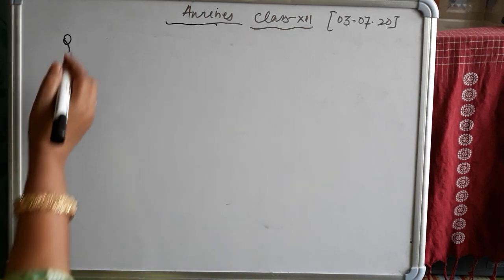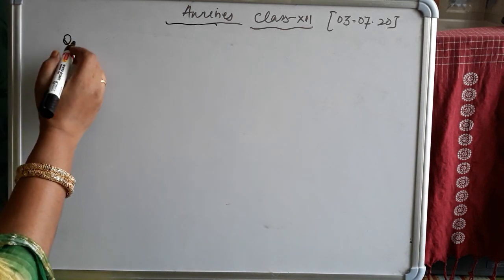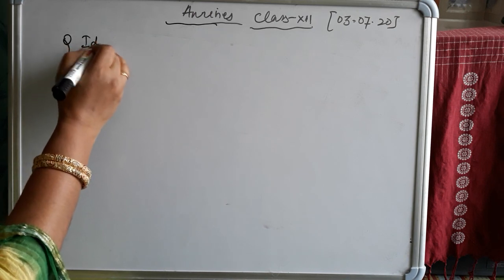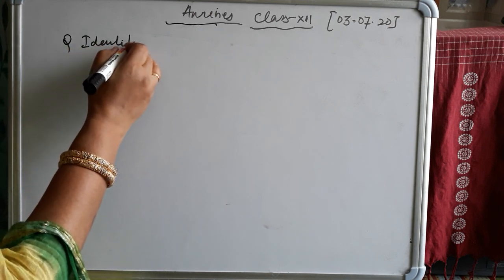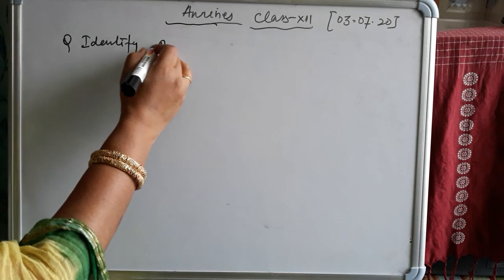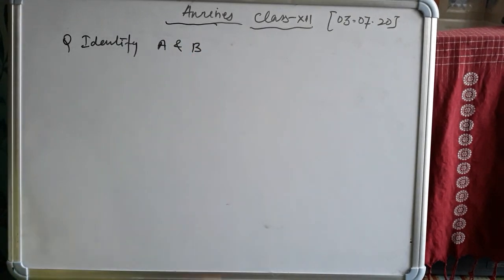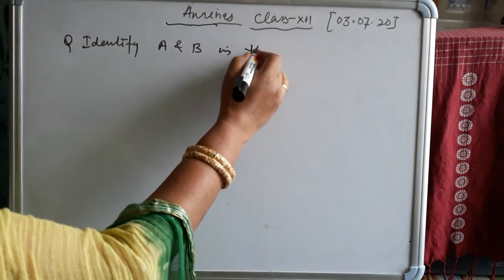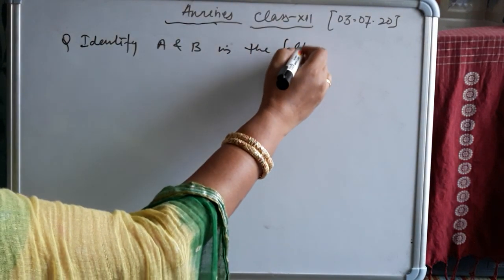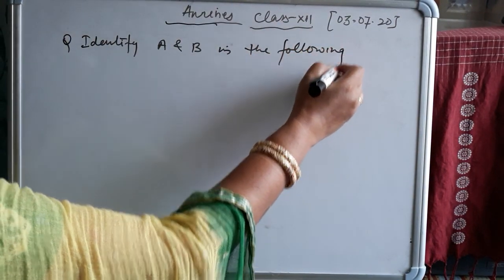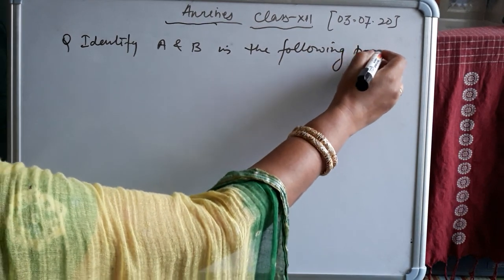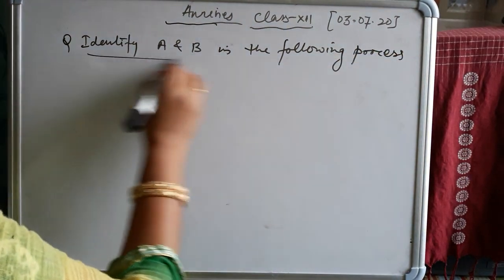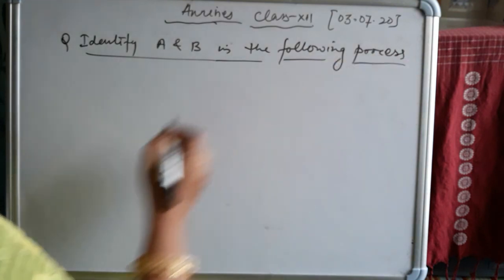Suppose one question is given: identify A and B in the following process. It is a simple question I am discussing here.